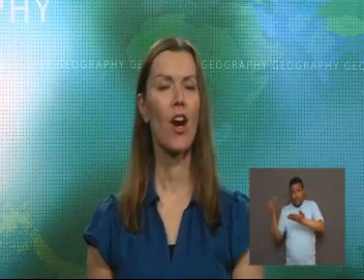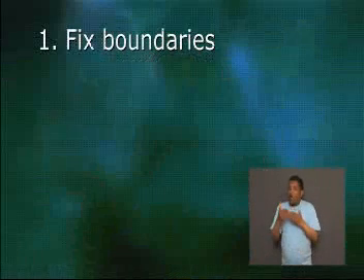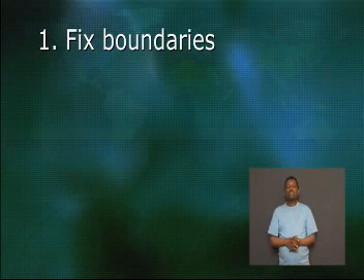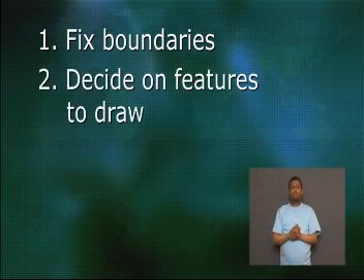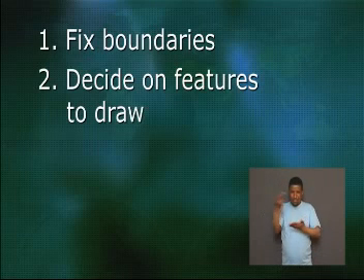In making a sketch map, there are certain guidelines to follow. For instance, it is important to fix a boundary that appropriately encloses the desired area. The person creating the sketch map must also decide which features to draw.